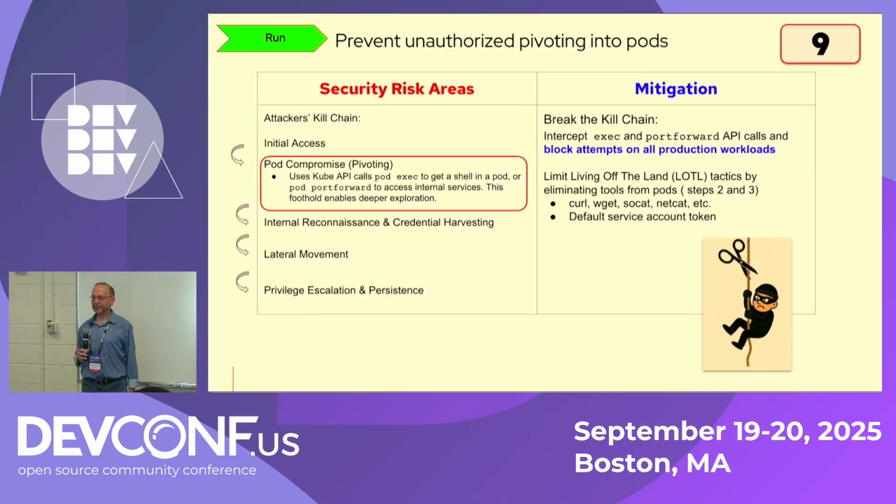I think one of the big things is that the thought process for living off the land attacks is so alien to the thought process for developing and running applications that it's hard to get into that headspace. And the reason that things like curl and wget are not desirable to have in containers, people don't think of the kinds of network attacks that you can do with a bare Python interpreter or a bare Perl interpreter.